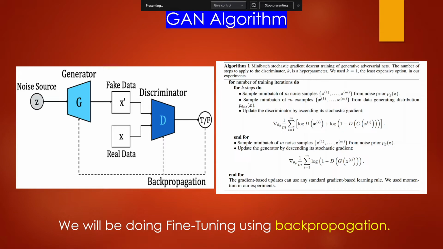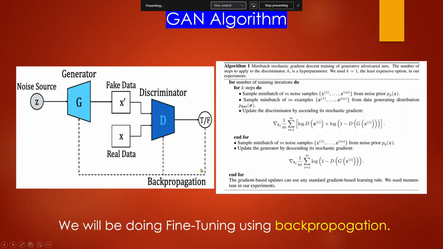But how will the discriminator decide whether it's fake or real? It will decide because we will pre-train the discriminator with real data, so that it can decide whether the given data from the generator side is real or fake. So by this, it will decide and give an output of true or false, and then it will backpropagate.